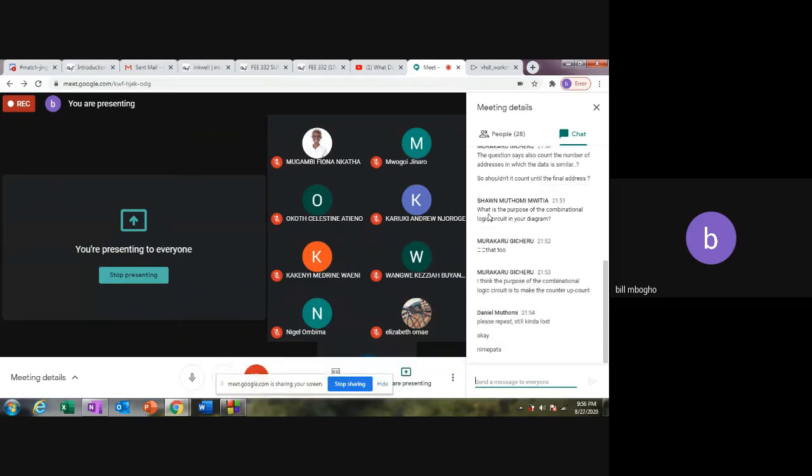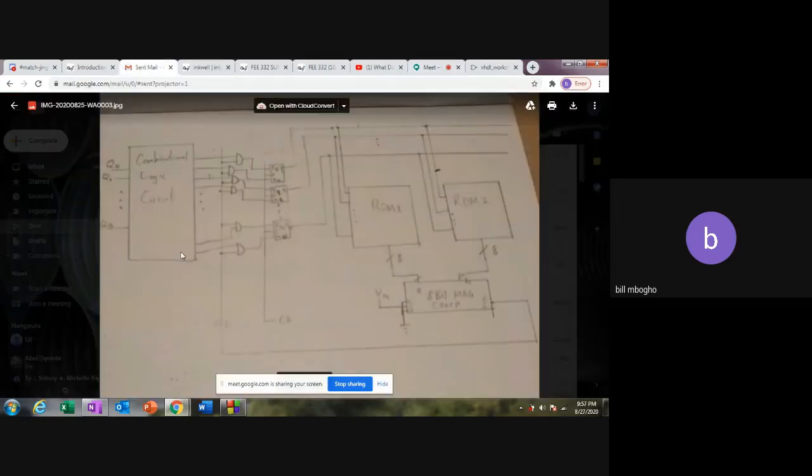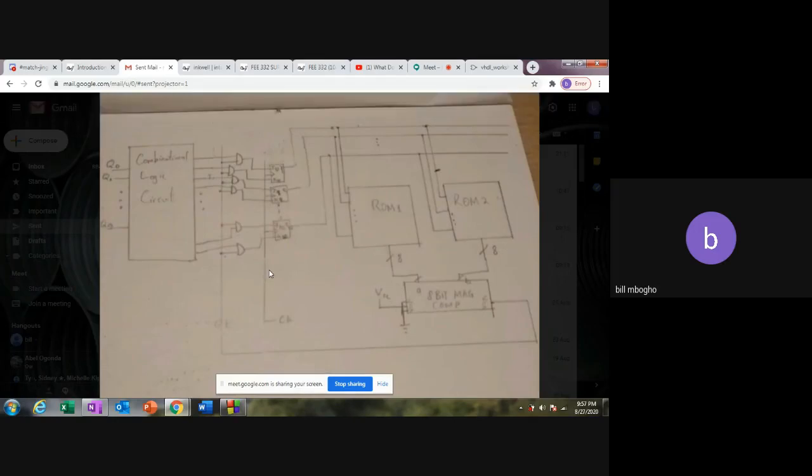And lastly, Sean's question. The purpose of the long combinational logic circuit is that we want to use a counter. I was too lazy to do the state table, previous state, next state.